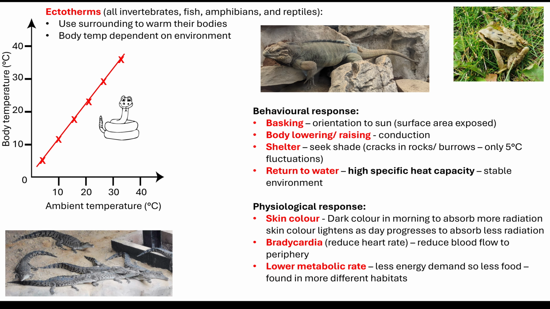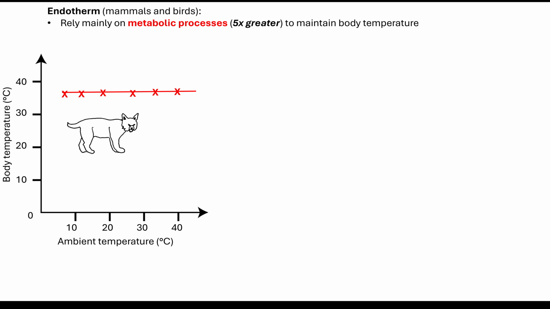So you can find them in lots of different places, but they wouldn't thrive in those places if they don't have the ability to move away from the external temperature which would cause them problem. So you only need to know for the ectotherms about the behavioural responses, but be aware that they could apply the knowledge of the physiological responses by linking them to other topic areas.